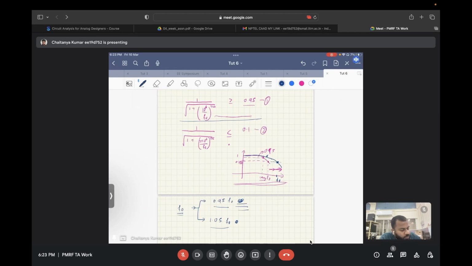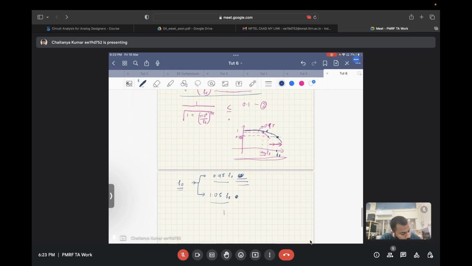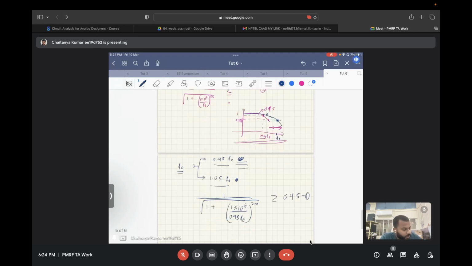So in equation 1, you should replace F naught with 0.95 times F naught: 1 plus (1 into 10 to the power 6 divided by 0.95 F naught) to the power 2n must be greater than 0.95. So this is the first equation that you get.